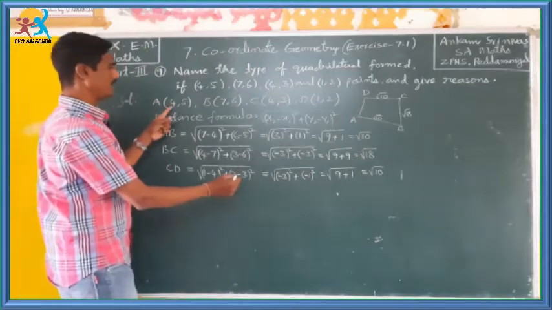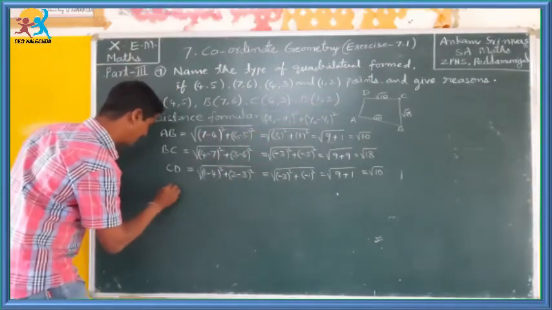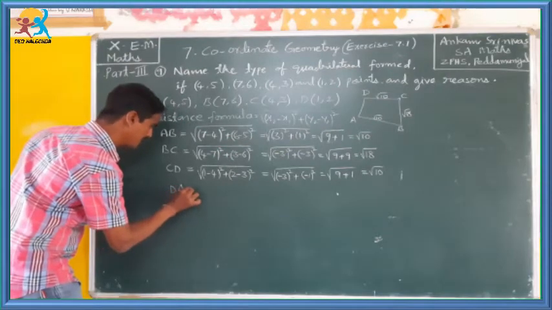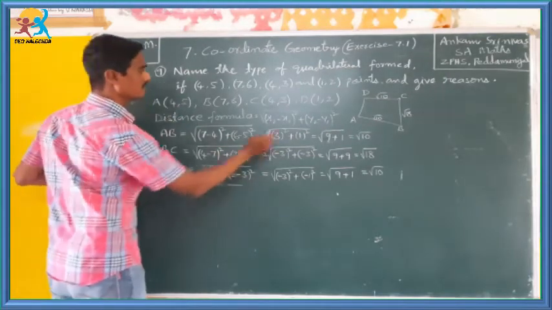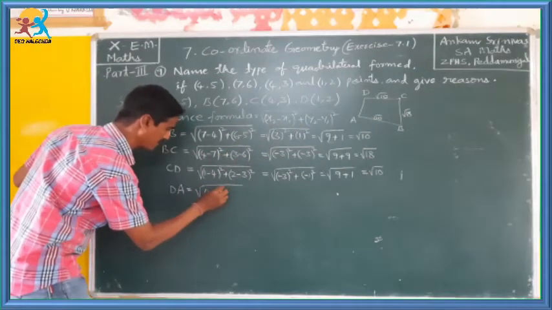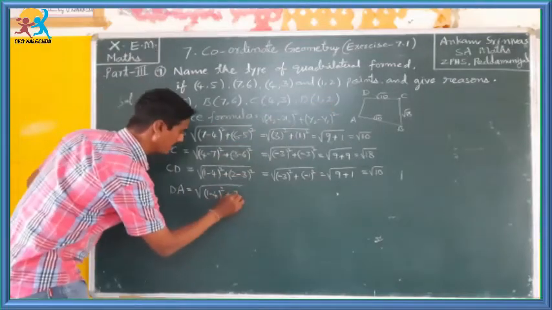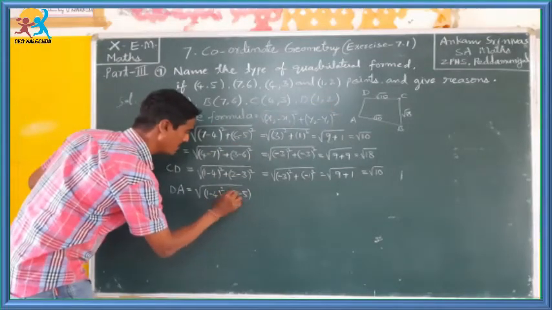And the third one, AD. AD means A and D, difference of first coordinates, DA or AD: square root of 1 minus 4 whole square plus 2 minus 5 whole square.